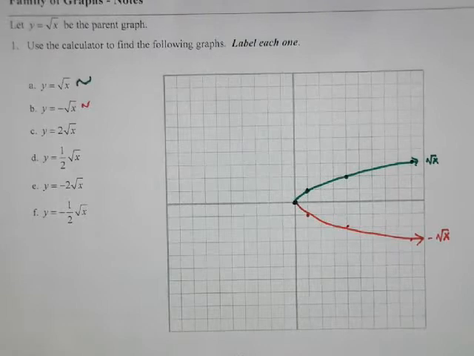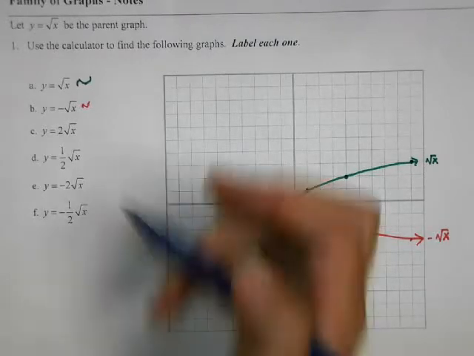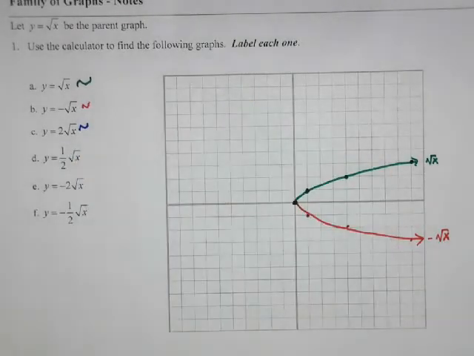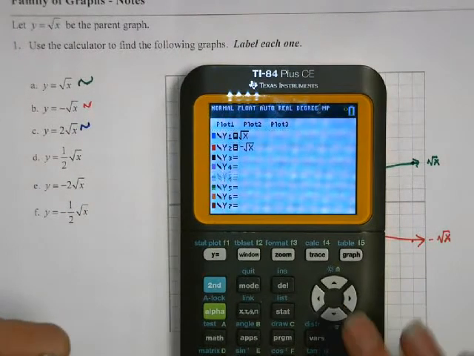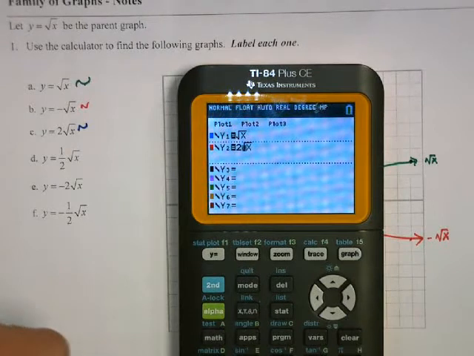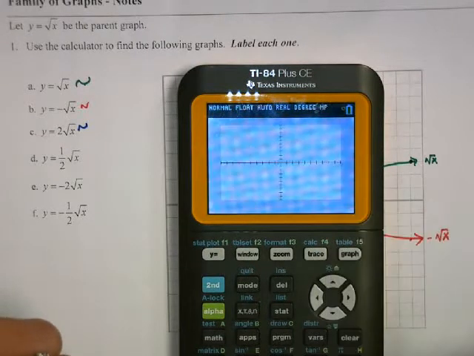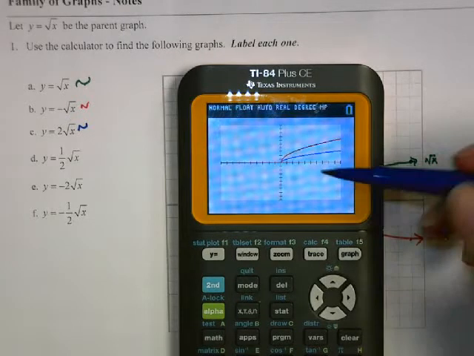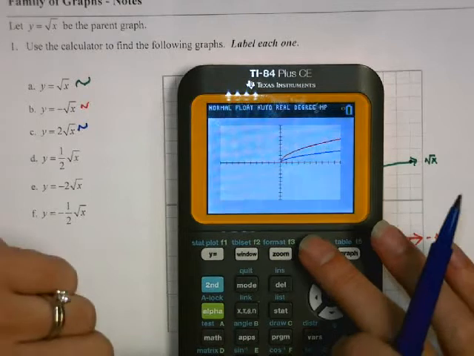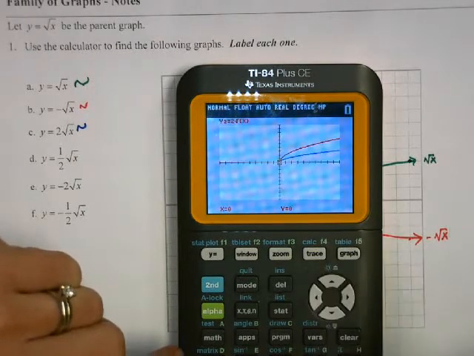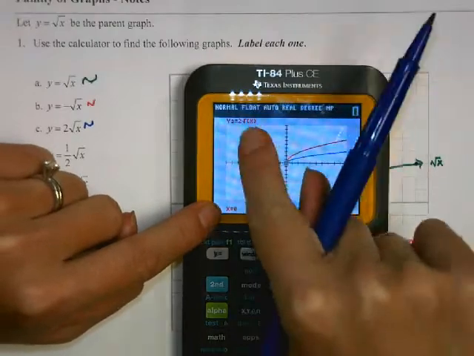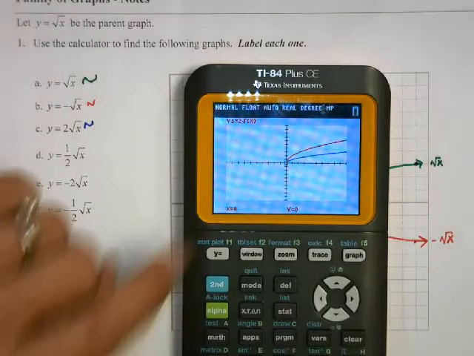Okay, now we're going to put a coefficient out front of 2. So I'm going to take my calculator and replace that negative with a 2. Okay, so it got taller. So I'm going to trace to some specific values. I'm going to hit the up arrow, so I'm tracing the red one because I want to be tracing the 2 root x.